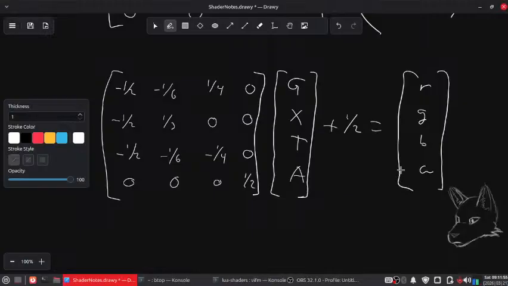Just gradient. So 1, 0, 0, 1. 1, 0, 0, 1. Minus a half, minus a half, minus a half. That equals minus 1. That's not correct.